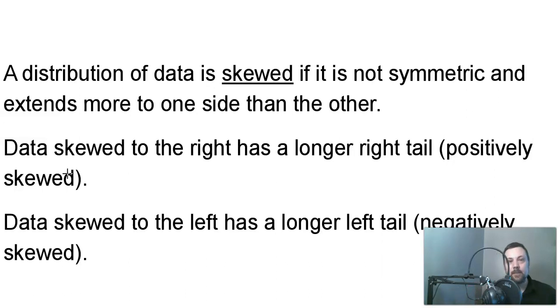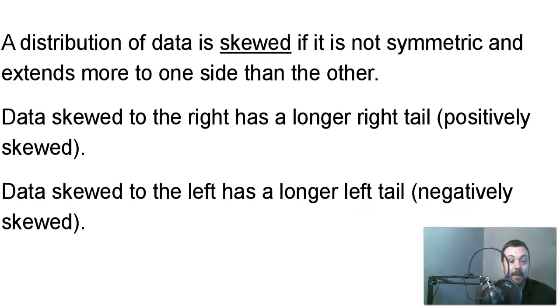So when we say it's positively skewed, that positive reference is really to the z-score of those data values, which you're going to learn more about later. The data is skewed to the left if there are more data values on the lower end, and we would say that's negatively skewed because, again, that's where the z-scores would be negative.